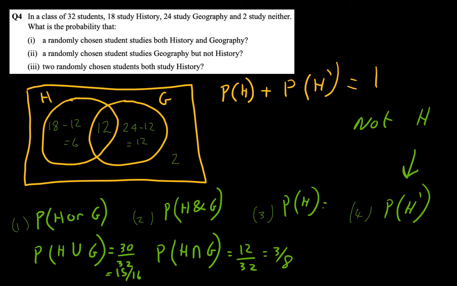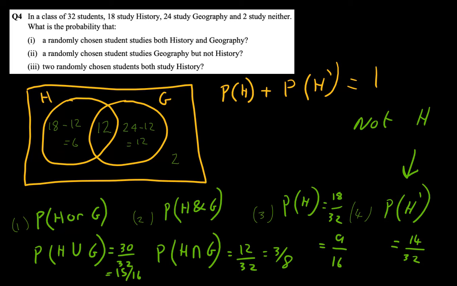Okay, we've got the probability of history. Probability of history is going to be 18 over 32. So 18 over 32 simplifies to 9 over 16. Then you've got the probability of not history. So that is going to be 14 over 32.